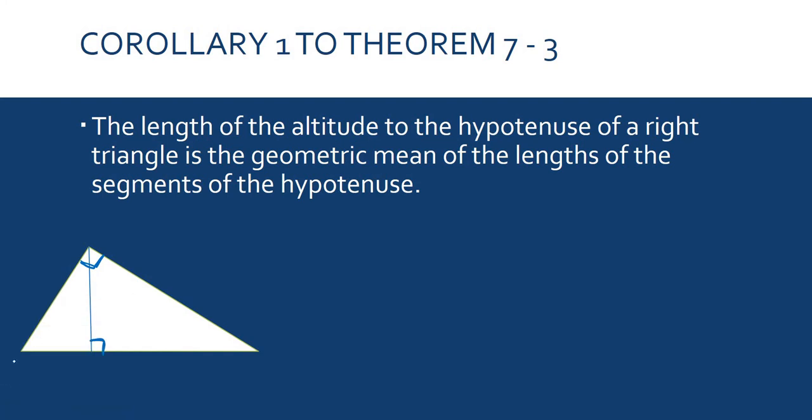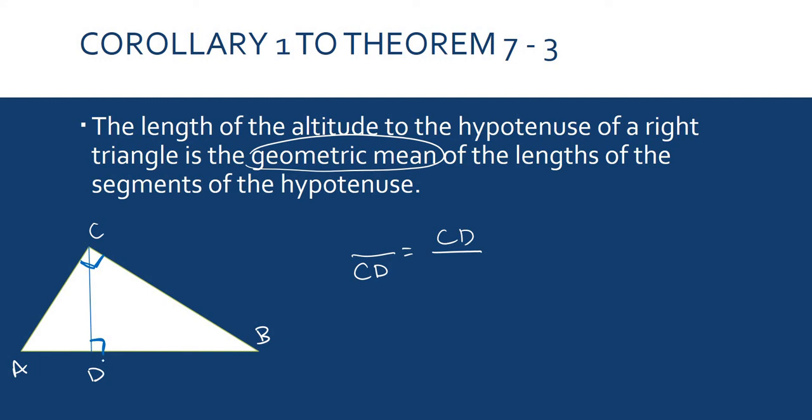Okay, and if I label this again, A, C, B, D. The first corollary says that the length of the altitude to the hypotenuse of a right triangle, so that's CD, is the geometric mean, that means it's going to go in these two positions, of the lengths of the segments of the hypotenuse.